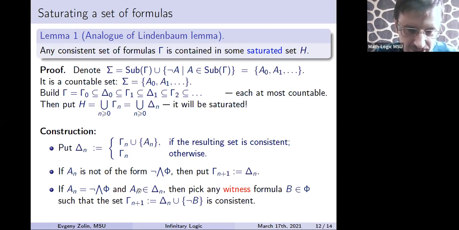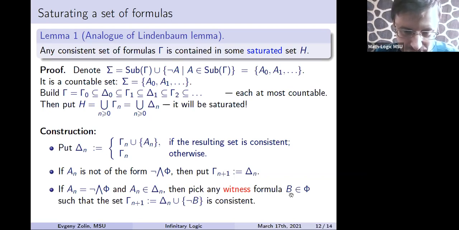So if we put this formula, negation conjunction phi, to our set, then we also need to guarantee that this disjunction, intuitively, has a witness, has some formula that guarantees that our disjunction is true. What does it mean?